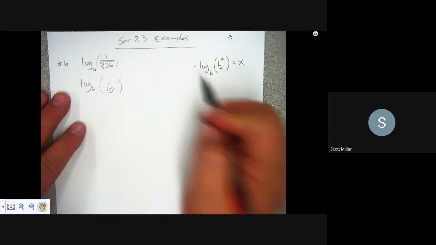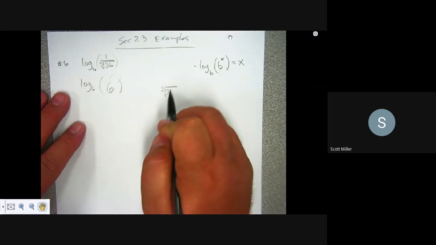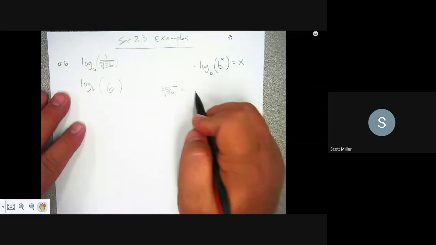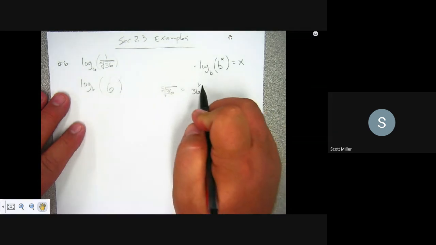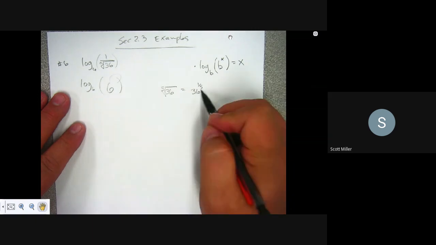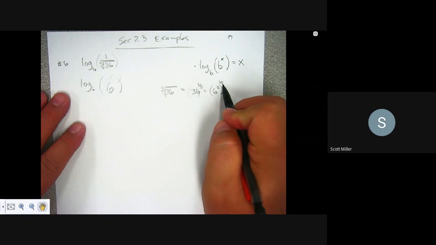First things first, let's go off to the side and figure out what the 5th root of 36 is. By 5th root, we already know that this is 36 to the 1/5 power. Based off of that, 36 we know is 6 squared to the 1/5 power.